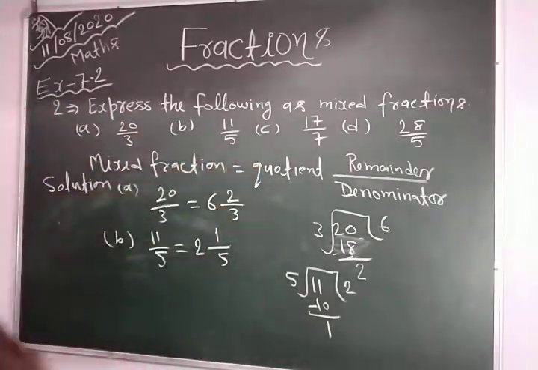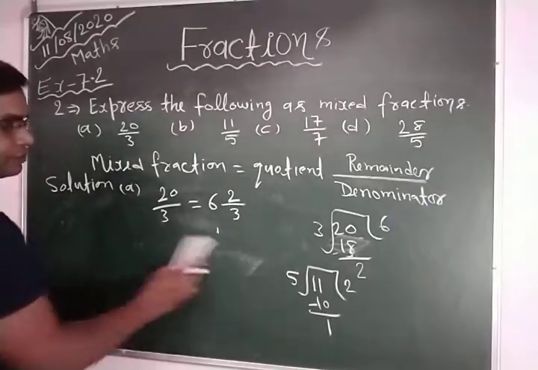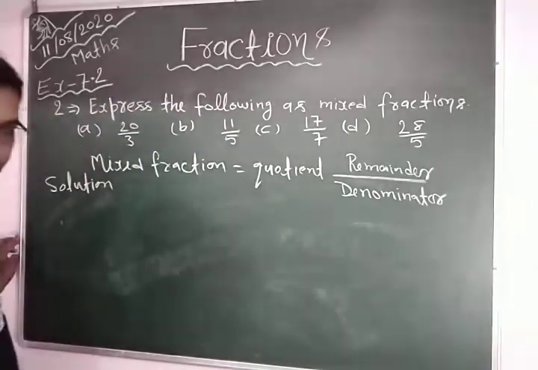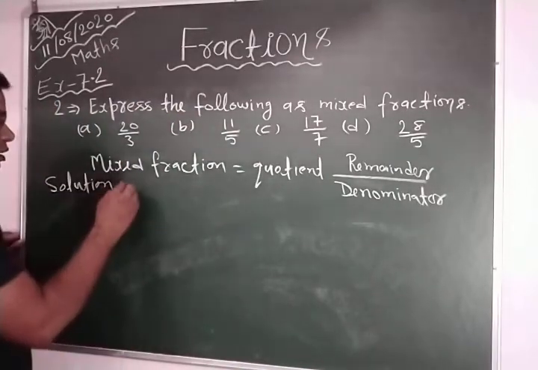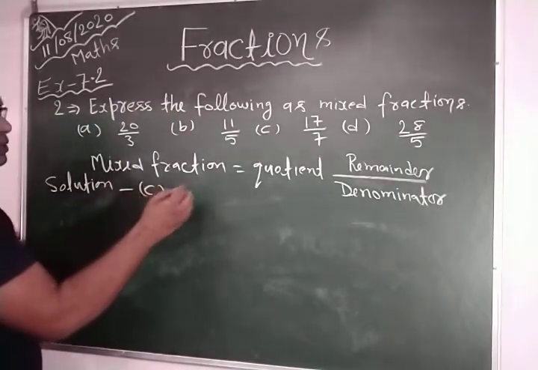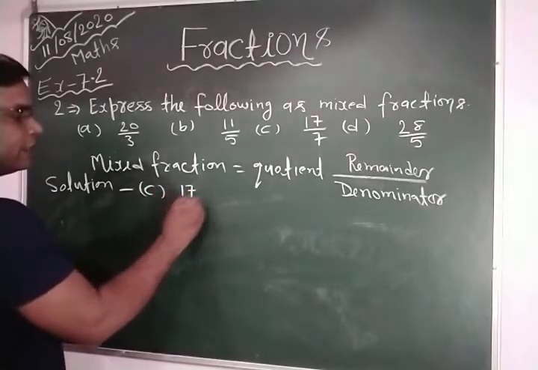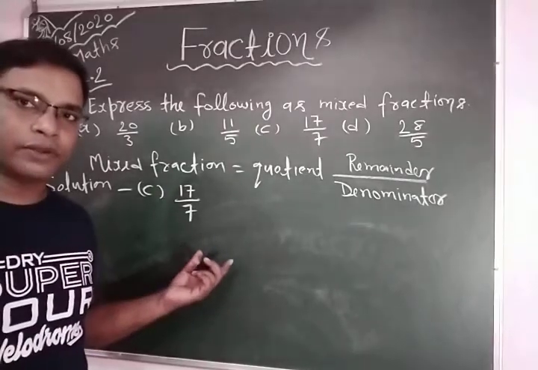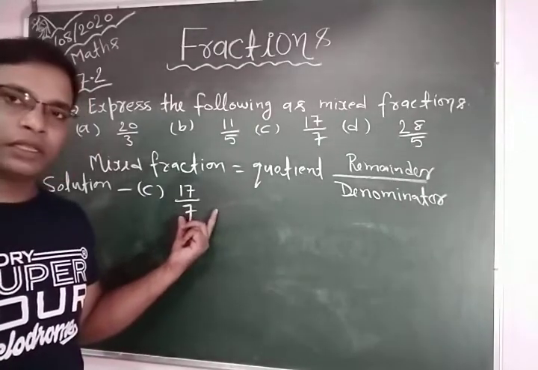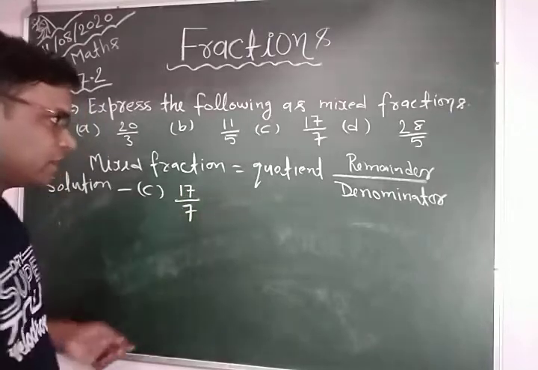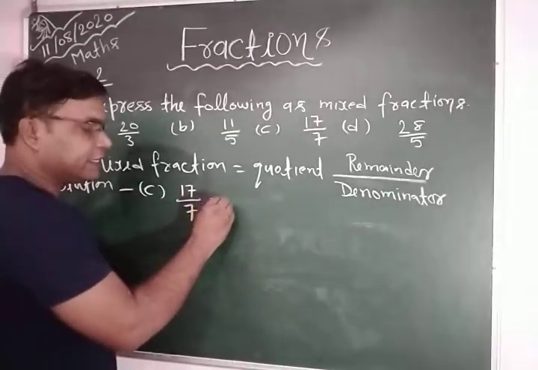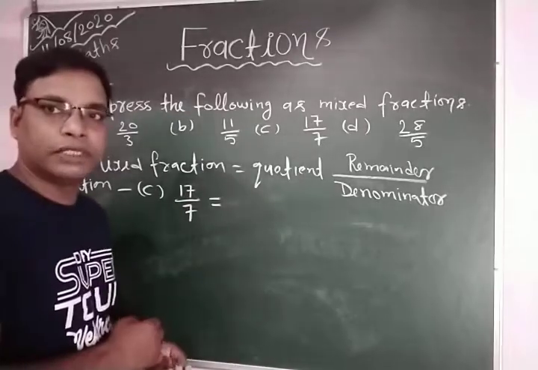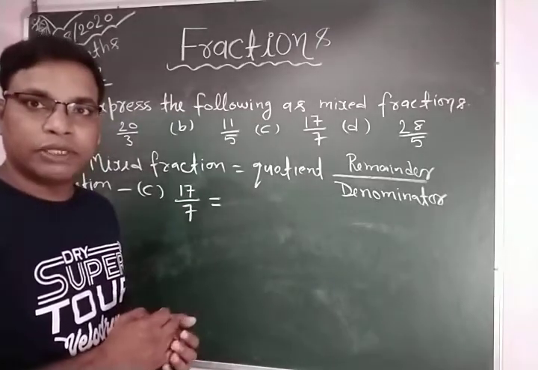And let's see the C part of this question. C part is given 17 by 7. This is an improper fraction, and we need to convert it into a mixed fraction. So we divide 17 by 7.